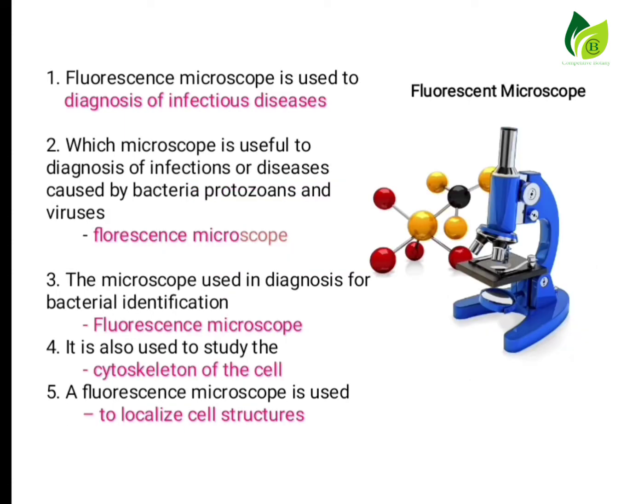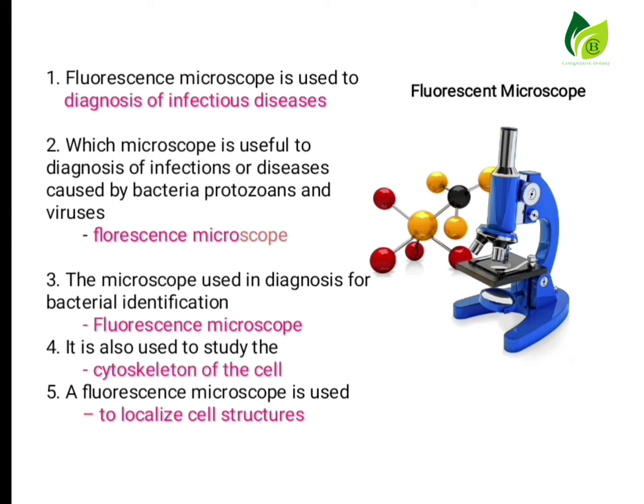Next, the fluorescent microscope. The fluorescent microscope is an advanced type of light microscope that uses fluorescence. It is used to study the properties of organic or inorganic substances like chlorophylls, proteins, vitamins.